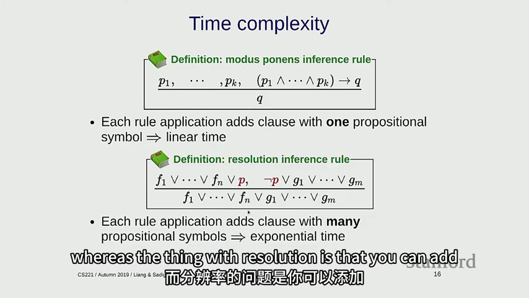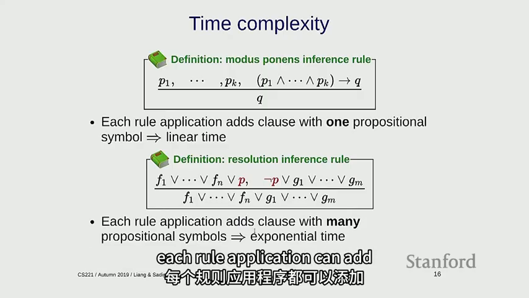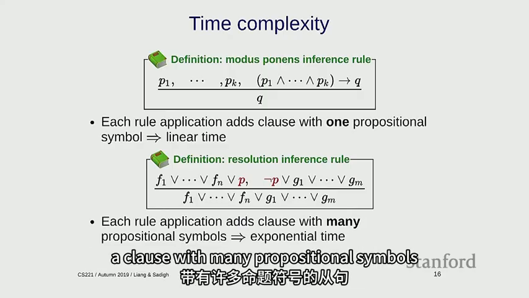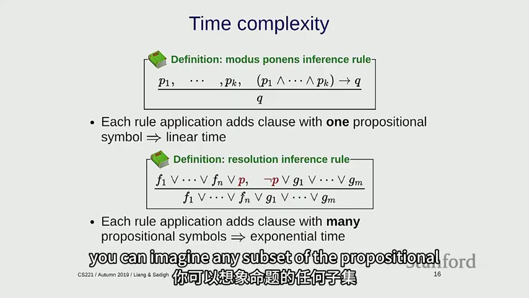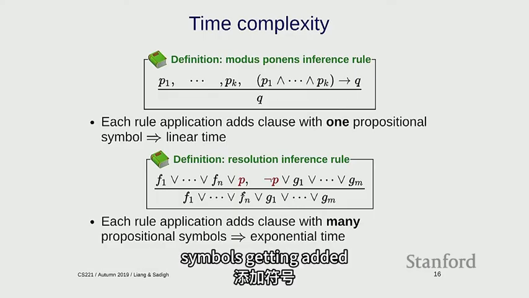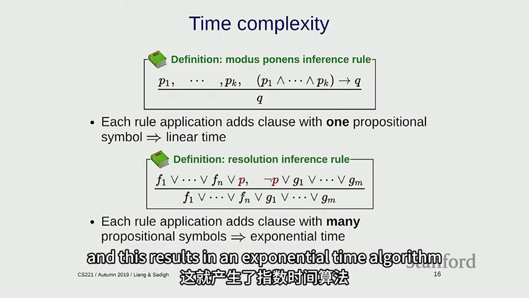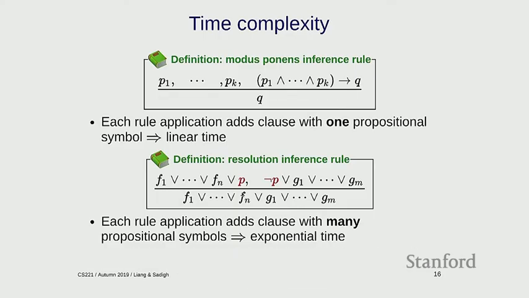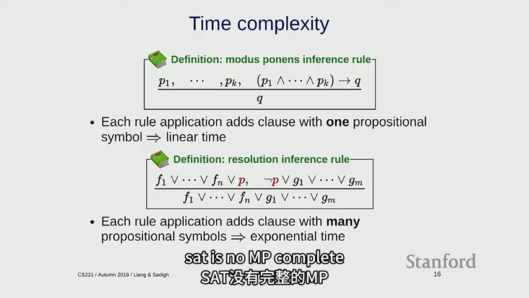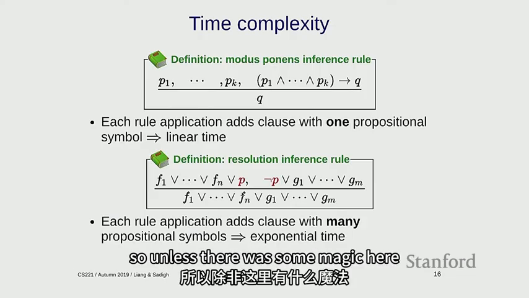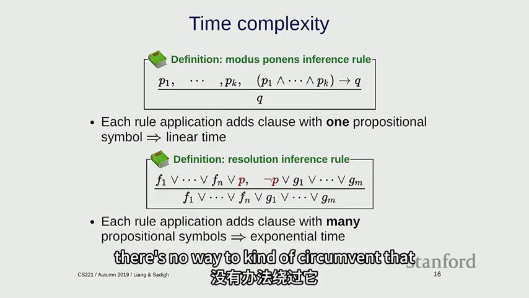Whereas with resolution, each rule application can add a clause with many propositional symbols. And in the worst case, you can imagine any subset of the propositional symbols getting added, and this results in an exponential time algorithm. This should not be surprising because we know that 3-SAT is NP complete. So unless there was some magic here, there's no way to circumvent that.